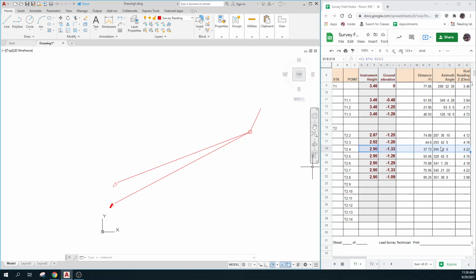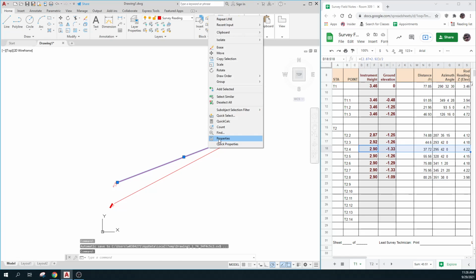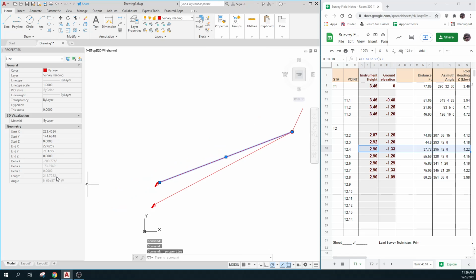How did that work? Oh, because I wrote this one in as 213 instead of 293. See, all sorts of problems like that, but you can figure them out.